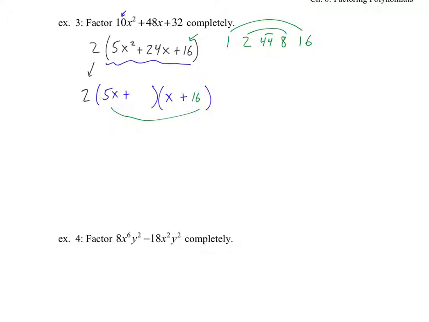That's like 80. So that's not going to be it. If I put my 8 there, same thing, I have a 40. That's way too big. So I was saying, well, if I put a 4 there, that gives me a plus 20x. And then my other 4 goes there, gives me that last 4 that I need. So outside and inside will give me my plus 24x right there. The first times the first gives me my 5x squared, and then my 16.